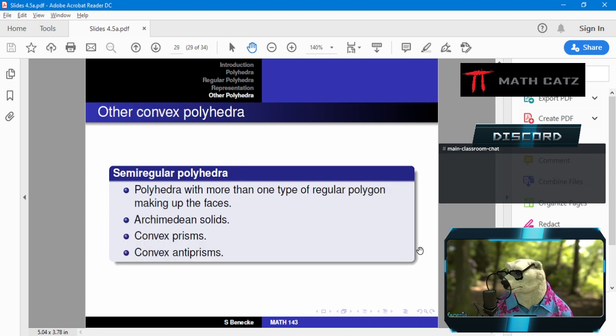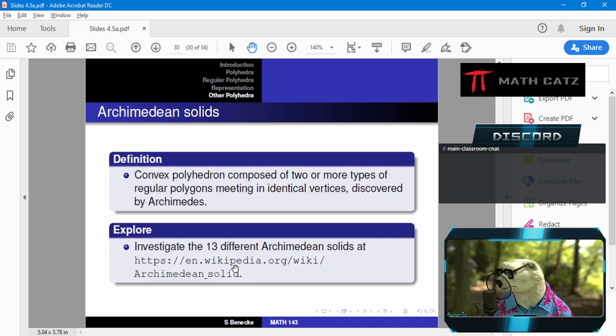All right. Now, these other convex semi-regular polyhedra, the truncated ones, the snub ones, they all form part of a group called Archimedean solids. Now, Archimedes went out and found all the semi-regular polyhedra you could possibly make, and it turns out that there are 13 of them.